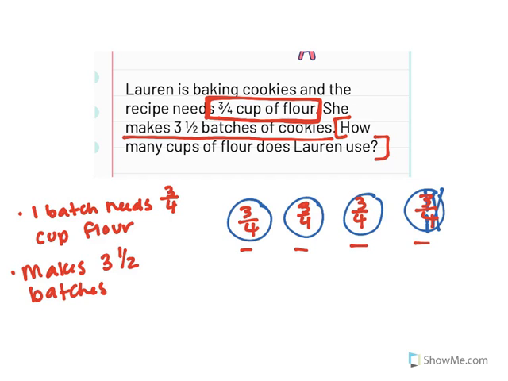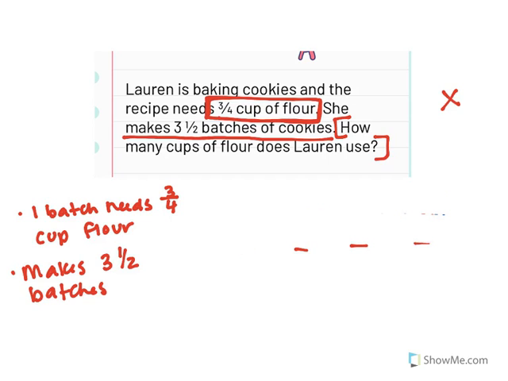And since it's repeating itself the same amount over and over, that means we're multiplying. So we're using multiplication to solve this problem. We're taking 3/4 cup of flour and multiplying it by 3.5 batches.